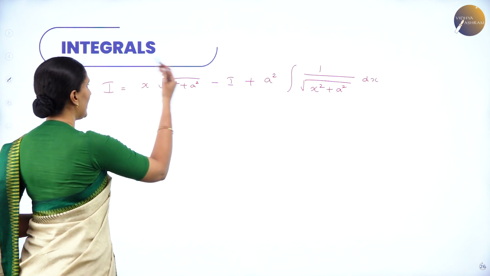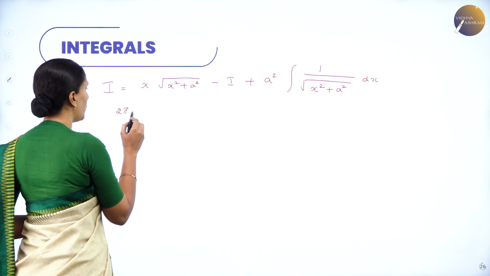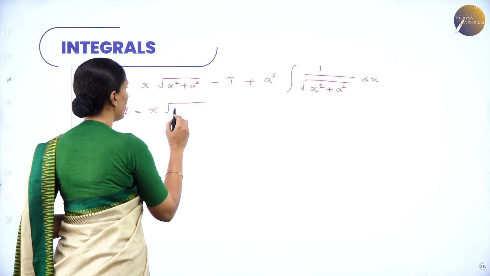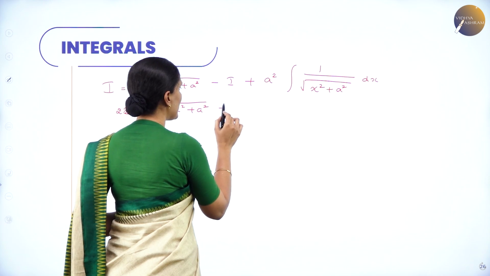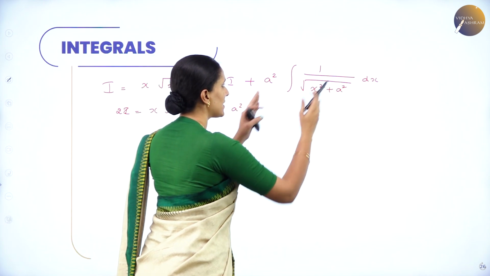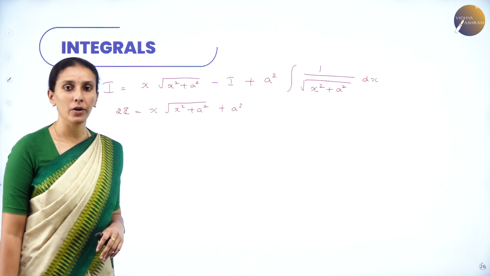So next I will take I here. This becomes 2I equals x root of x square plus a square, plus a square times the integral of 1 divided by root of x square plus a square.